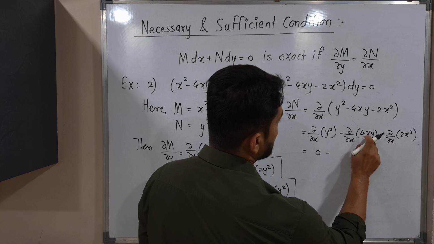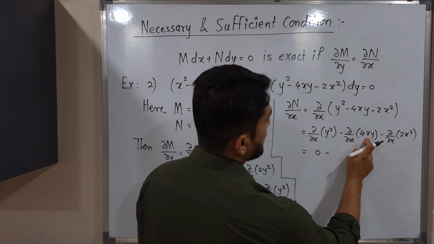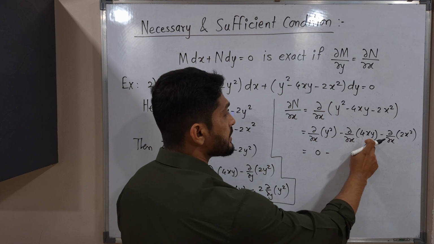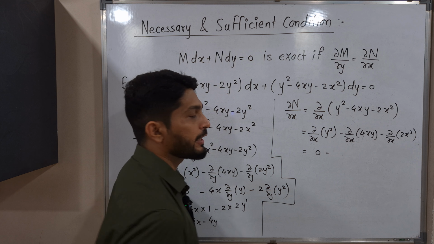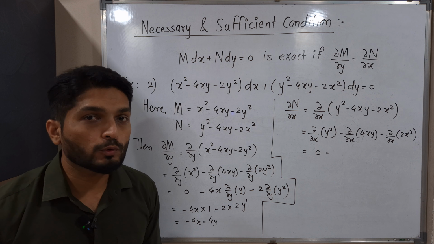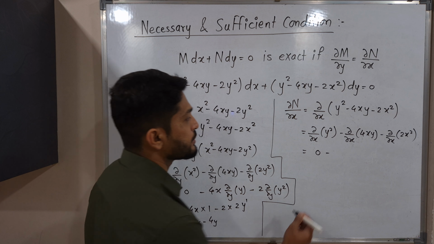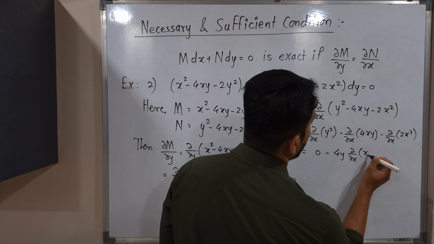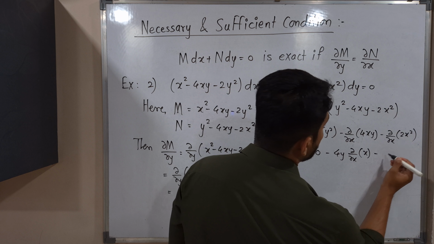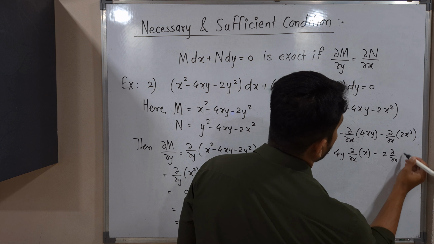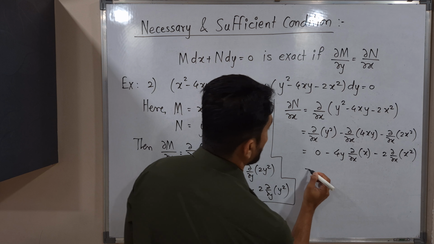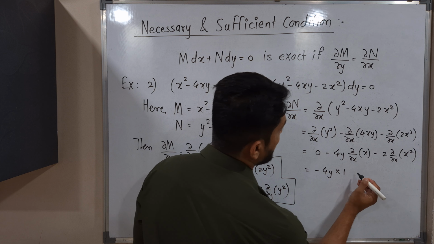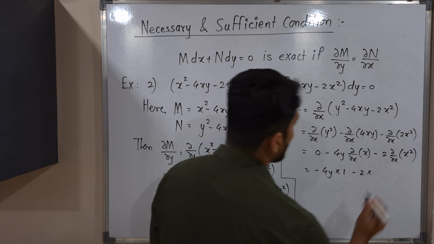Is x there? Yes, x is there. Other than x we have 4 which is constant, and y is also constant here since we are differentiating with respect to x. So 4 and y, both of them are constants. You can take them outside. So the derivative of x is there only. 2 is a constant, you can take it outside. So minus 4y, derivative of x is 1 with respect to x, minus 2, derivative of x square.